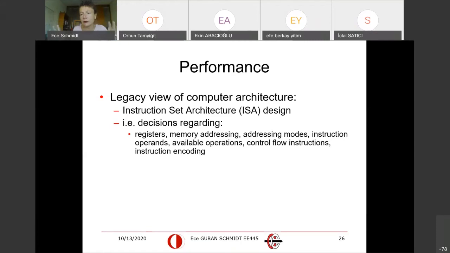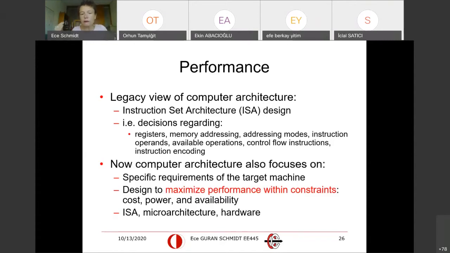We will learn about these things, but they were the core topic. Now, people also focus on how we can maximize the performance within constraints such as cost, power, and availability. So when people are building the architecture, they're also looking at these things now in more detail.